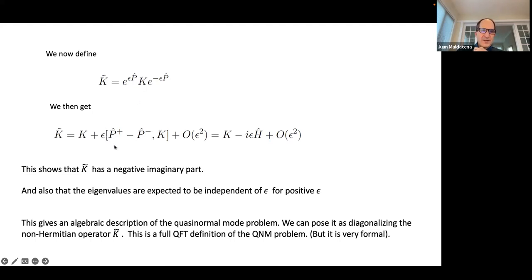One is that by using the algebra, we see that this operator was positive semi-definite. And so that shows that K tilde has a negative imaginary part. And also, given that we can write it as a conjugation, the eigenvalues are independent of epsilon for positive epsilon. So this gives a somewhat algebraic description of the quasi-normal mode problem.